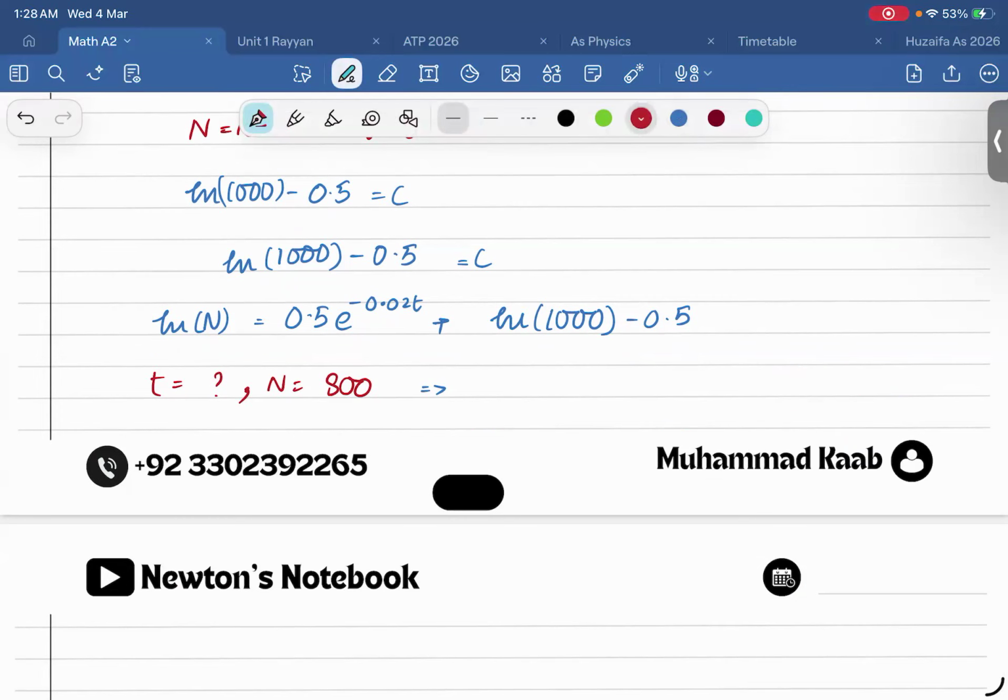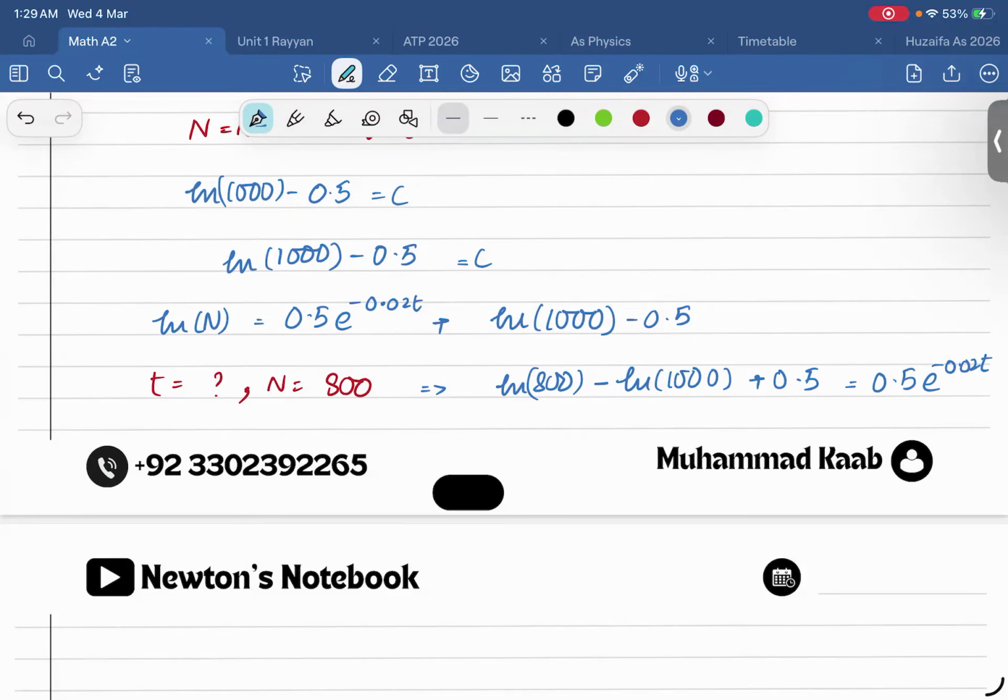Okay, so when I take it to the other side, so ln 800, right? And minus ln 100, right? ln 1000, right? And plus 0.5 is equal to 0.5 e to the power minus 0.02t, right?